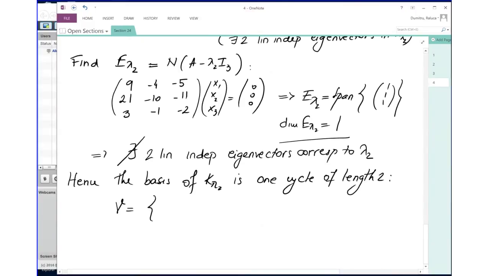Gamma, (A minus lambda identity) of x and x.